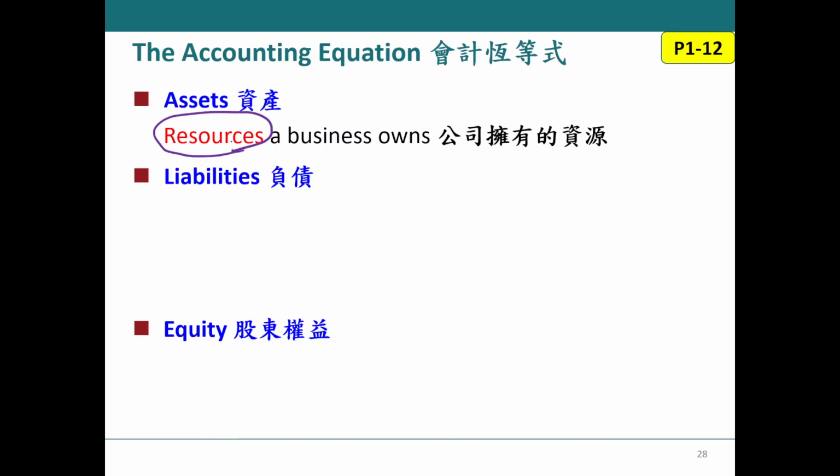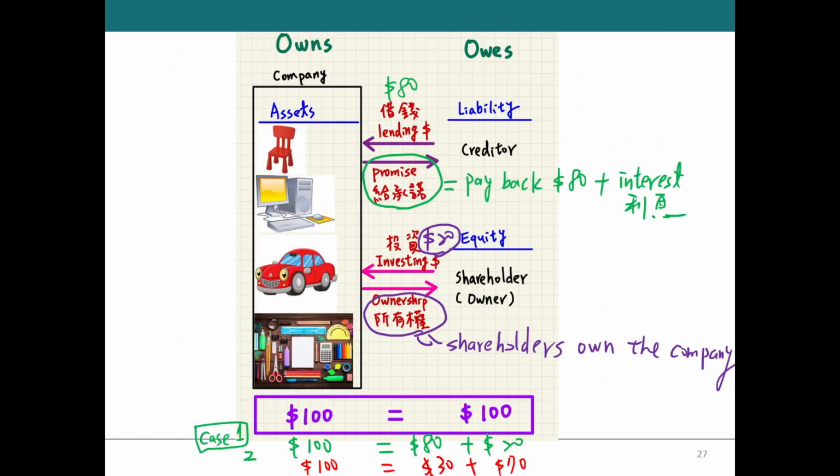So what's liabilities? Liability means we borrow money from creditors, right? So you should give them what? Your promises. Okay? Promises, could you refuse to keep your promises? You cannot. Promises mean no matter what, you have to do that in the future. Okay?